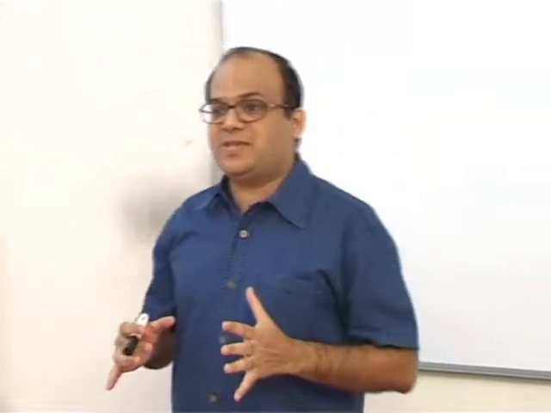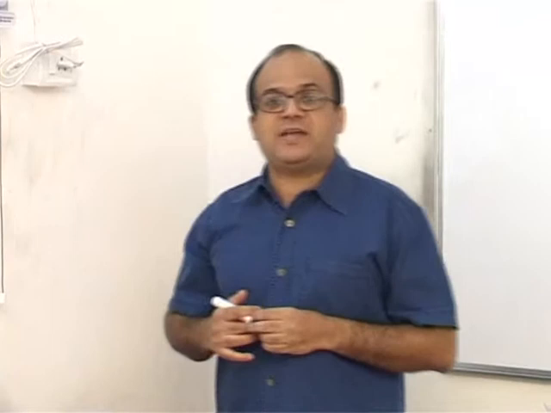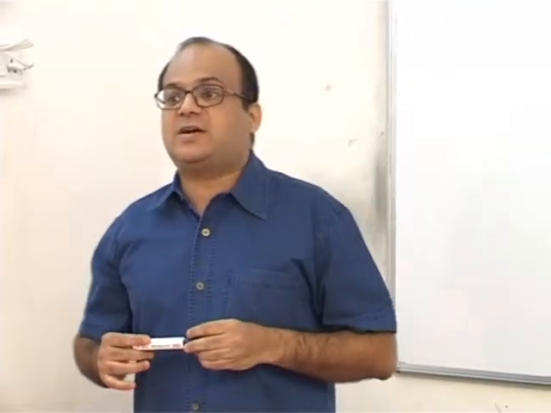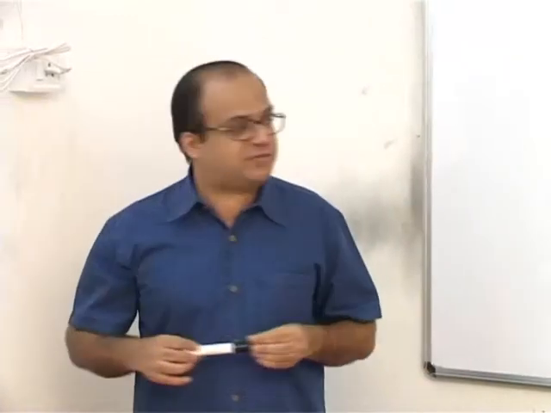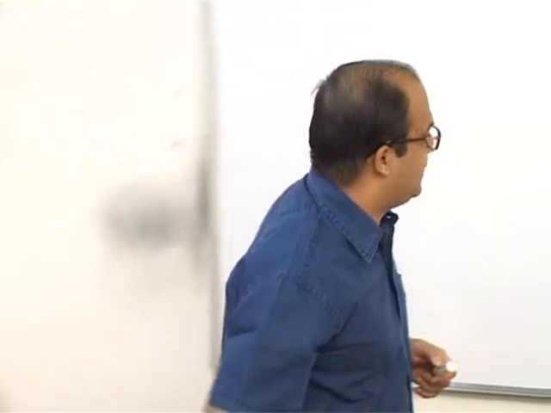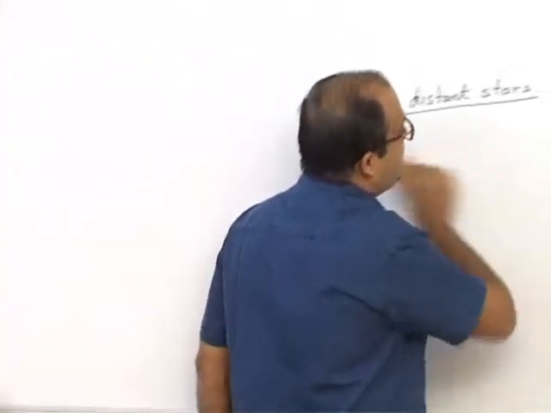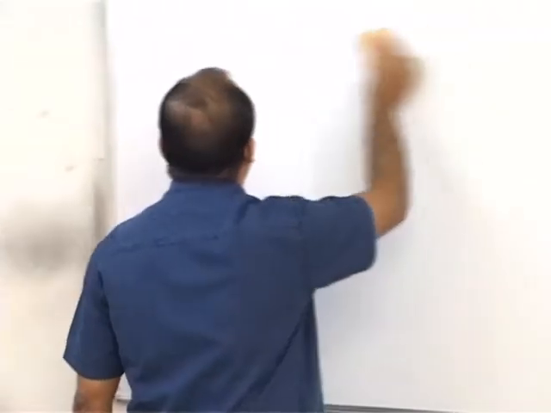So for problems involving small dimensions compared to the size of the Earth, the Earth approximately behaves like an inertial frame of reference. So inertial frame of reference is a frame of reference in which Newton's laws can be directly applied.